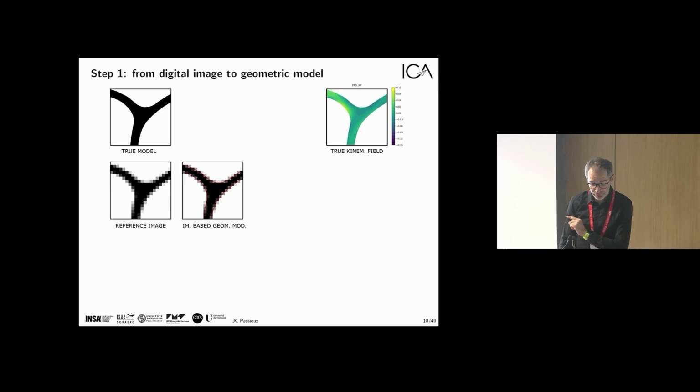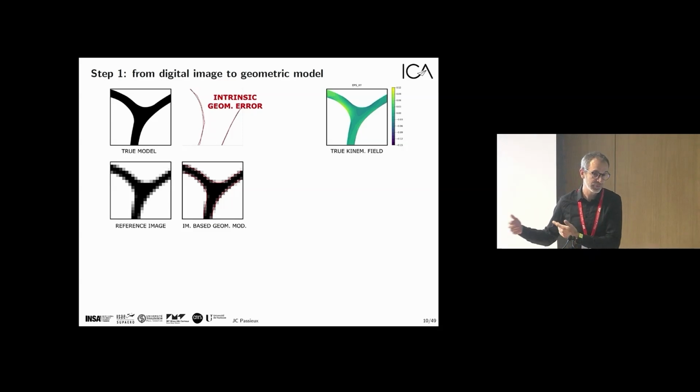And if I compare the geometry I obtained from the image-based geometric model to the real geometry, there is what I call an intrinsic geometric error that will pollute everything in the following of the analysis. And I try to treat the other sources of uncertainties or errors, like finite element shapes, the size, the integration, etc., as added to this one, so it's not necessary to overcompute the simulation afterwards.